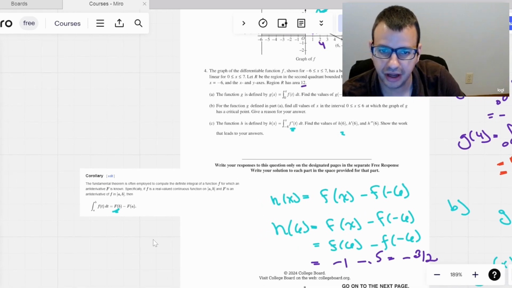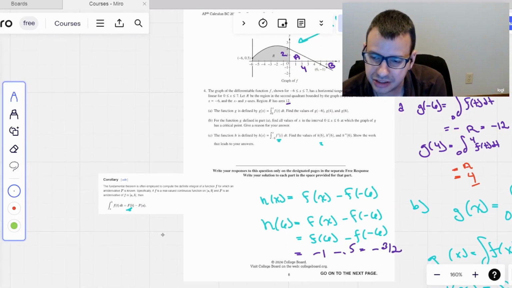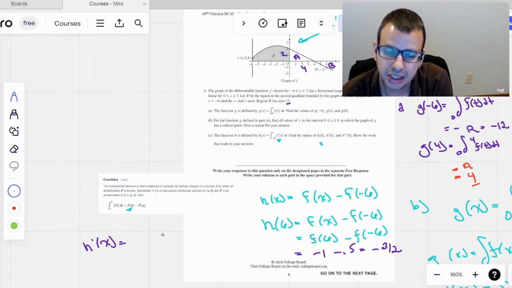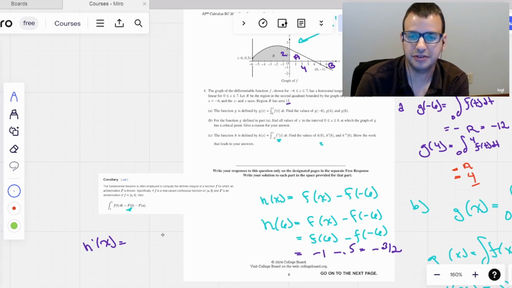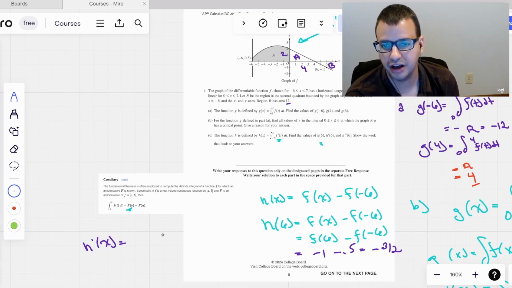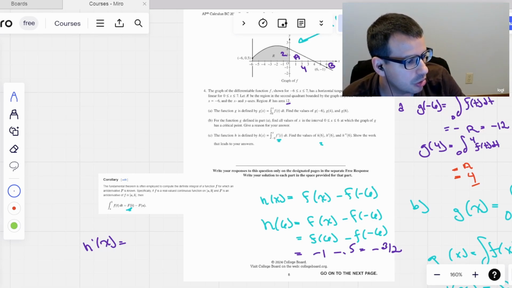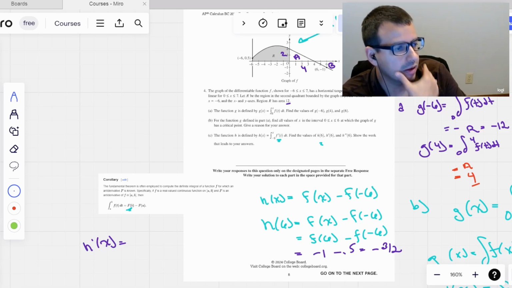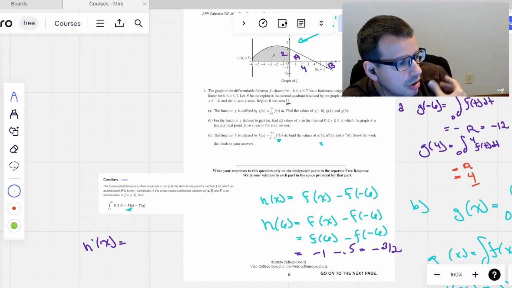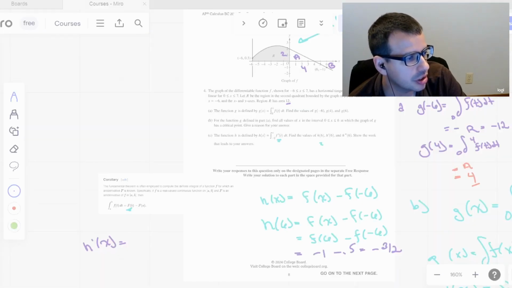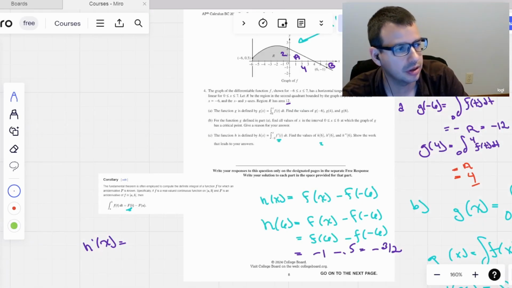So then we want to find h prime of x. So h prime of x is going to be, so if we have the integral from negative 6 to x, we take the derivative of that. Let me check real quick, make sure I get this reasonably correct. So for this, we're going to use this idea. Copy.